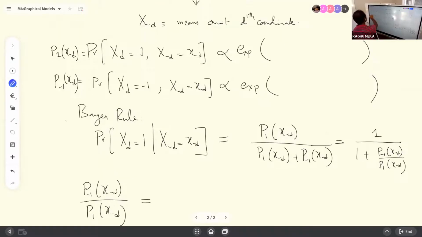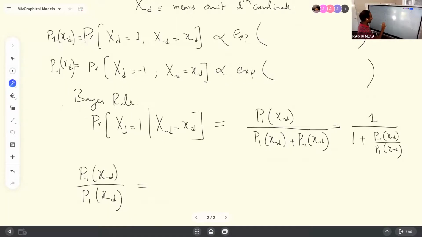We have a proportionality symbol here, right? So when I take the ratio, what would I get? It's just the division of those exponent functions. Exactly, right? Because the proportionality constant will disappear. That's the whole advantage of looking at conditional probability. You don't have to worry about the normalization.